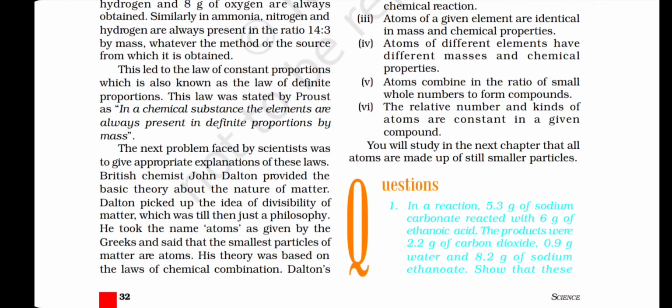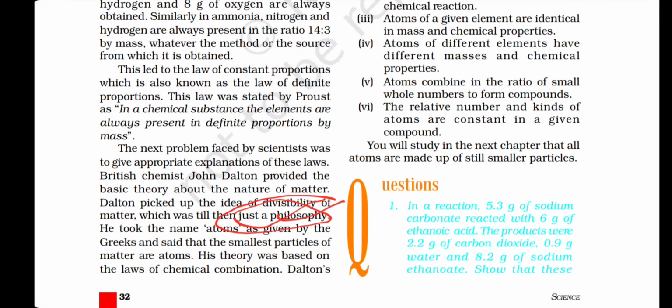British chemist John Dalton provided the basic theory about the nature of matter. Dalton picked up the idea of the divisibility of matter, which until then was just a philosophical idea. This philosophy was proved by Dalton.